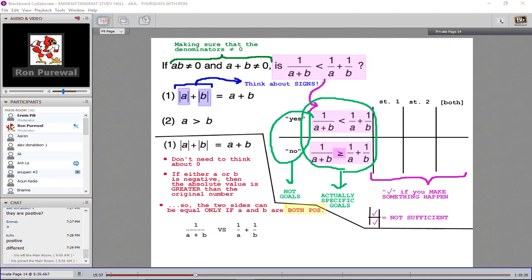What you might have tried to do is make some sort of common denominator, but if you do that, you're going to find that you get into some mess of algebra, which is not so great. Although, well, maybe we can try common denominator in a sec.